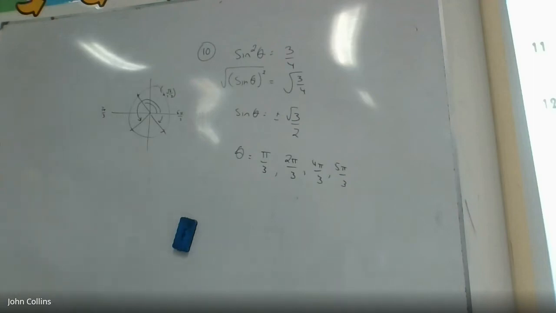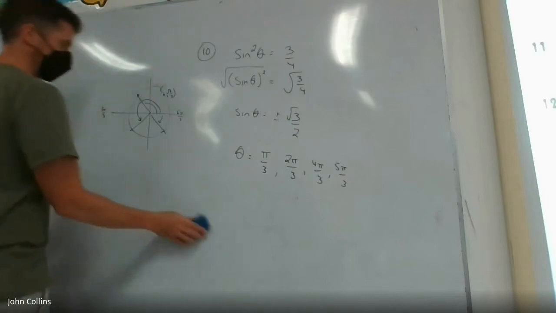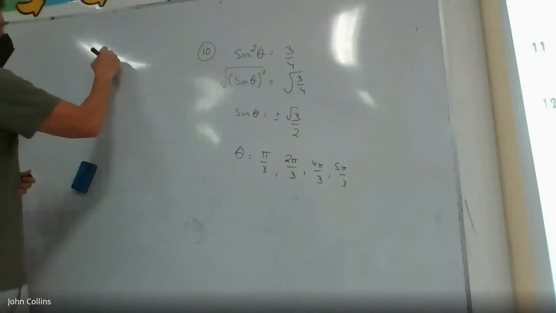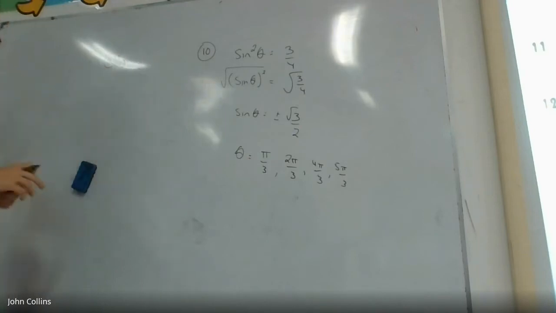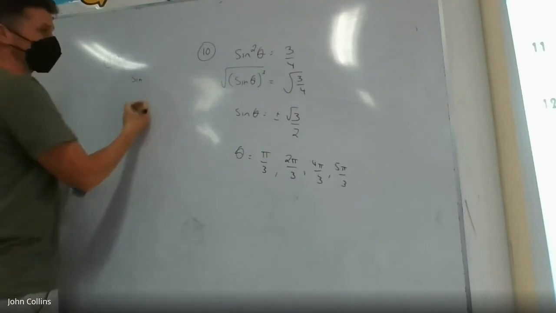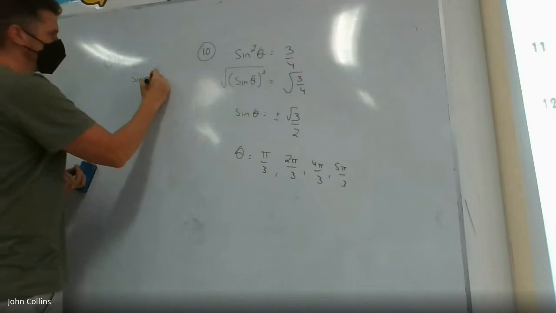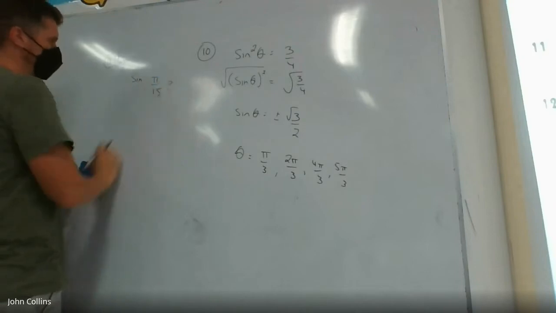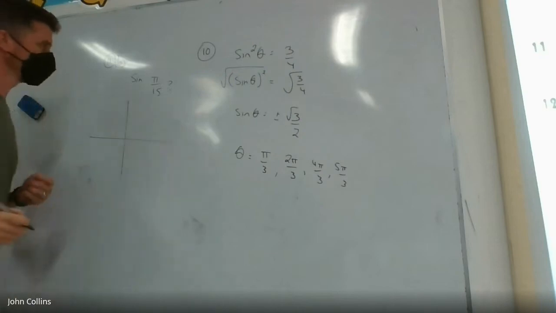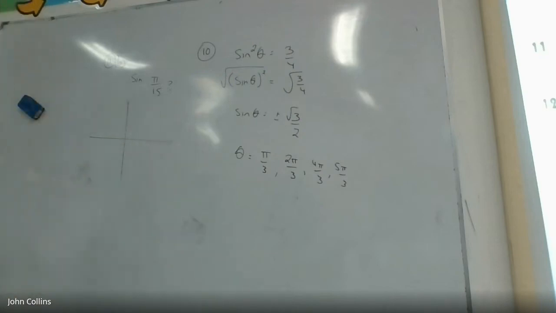Question 11b. Find the obtuse angles with sine as pi over 15. So sine is pi over 15. So normally pi over 15 sits here.